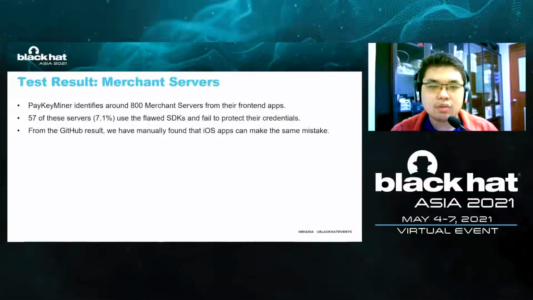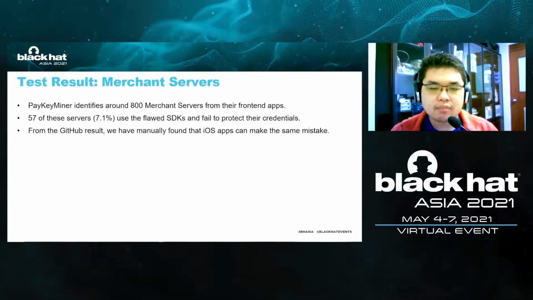Now let's turn to the results from merchant servers. Our tool has recovered around 800 notified URLs, or merchant servers, from Android APKs. The other apps do not embed their notified URL, while its value is still visible at runtime.